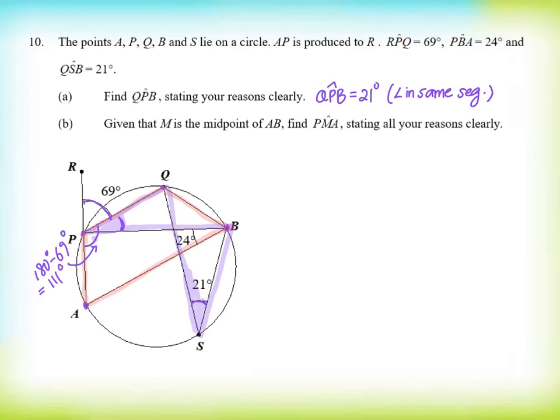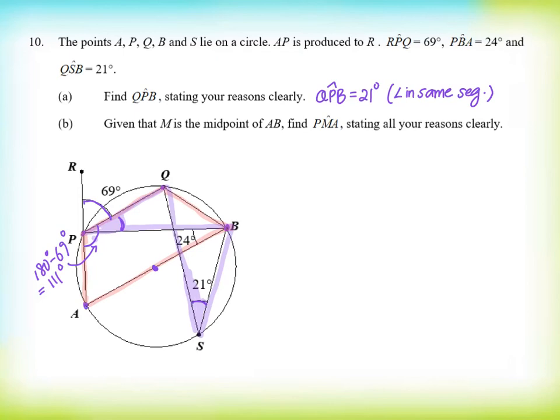Part B. Given that M is a midpoint of AB, so somewhere in the center, does it look like M is the center of the circle? But the question is, did they tell me that AB is a diameter? No, right? So that means I will need to find something else.